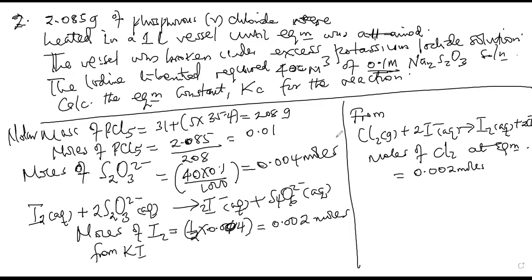But these are moles of chlorine at equilibrium. Why? Because 1 mole of iodine is formed from 1 mole of chlorine. But you need to know still the reason as to why we break the glass under potassium iodide: to dissolve and oxidize the chlorine to chloride ions, as potassium iodide is reduced to iodine.